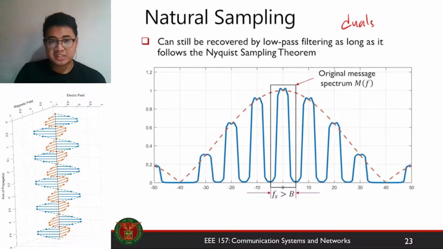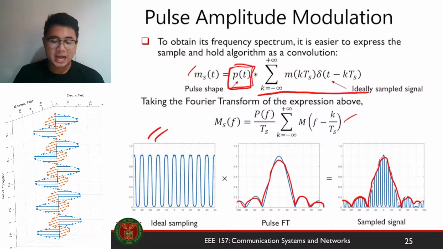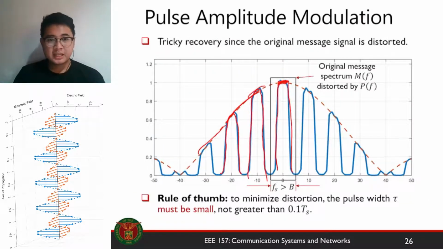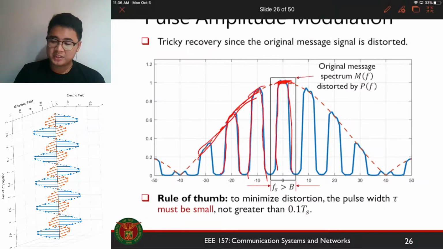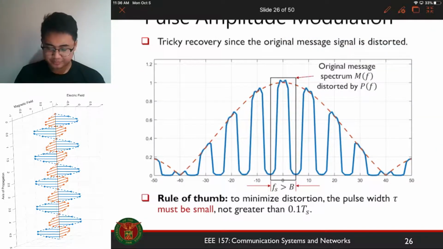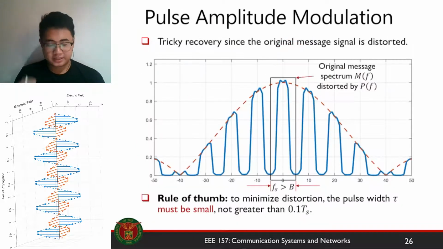Natural sampling in the time domain becomes sample and hold in the frequency domain, as you can see here. The opposite happens to PAM: PAM in the time domain becomes natural sampling in the frequency domain. The problem with PAM here is the original message is distorted because of the shape of your pulse p of t.